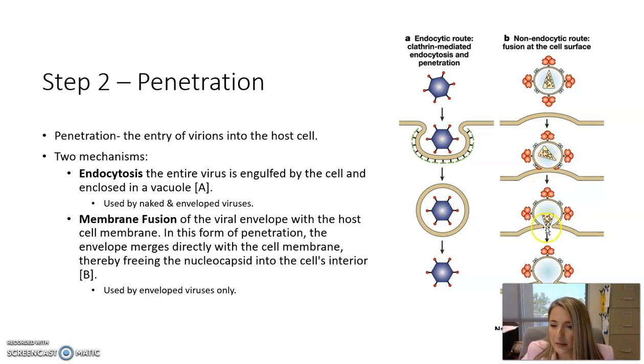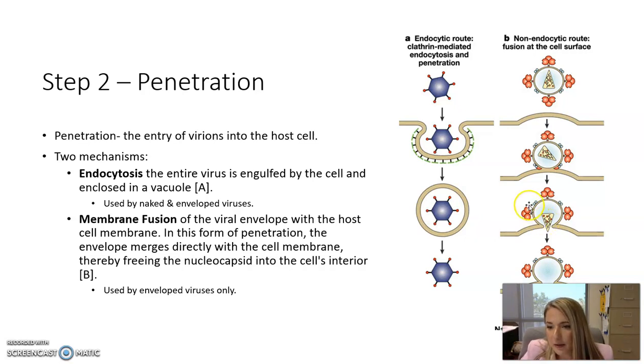And then what's going to happen is the envelope of the virus is actually going to fuse with the cell membrane of the host cell, and the envelope is actually going to stay out in the cell membrane of the host cell, and the only part of the virus that's going to enter is the capsid and the genetic material.